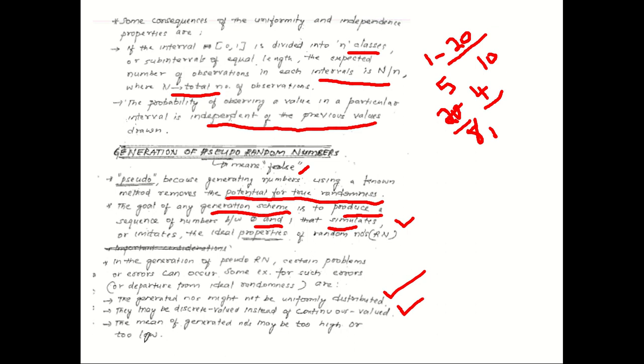Okay, so whatever random number generator we have, sometimes it may produce random numbers which are not uniformly distributed. The mean of the generated random numbers may be too high or too low. So this should not be there. The variance of the random numbers might be too high or too low.